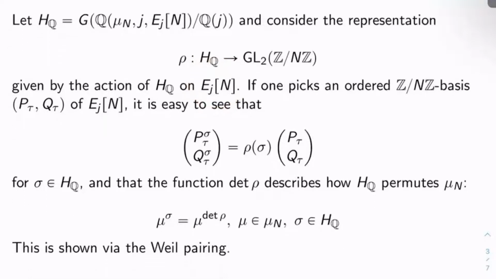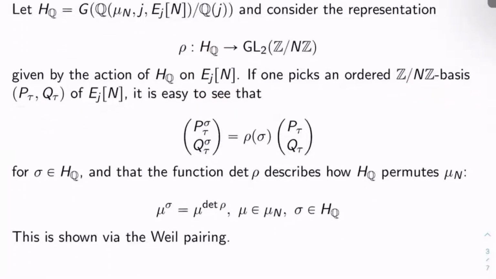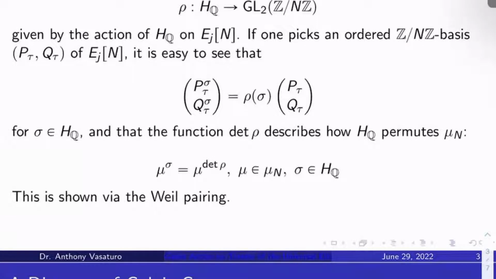So if I pick an ordered Z mod NZ basis P_tau, Q_tau of the n-torsion of E sub j, it's easy to check that the vector whose coordinates are sigma of P_tau, sigma of Q_tau is just the same as rho of sigma times the vector P_tau, Q_tau, for all sigma in the Galois group H sub Q. In other words, the Galois action can be considered coordinate-wise on vectors. That's what's going on here.